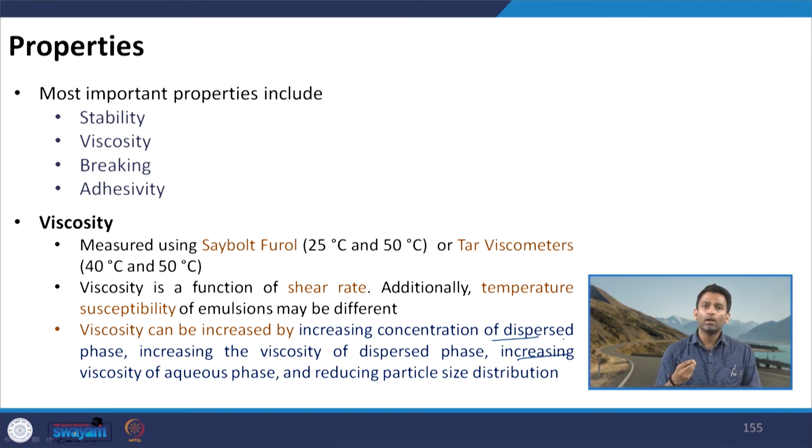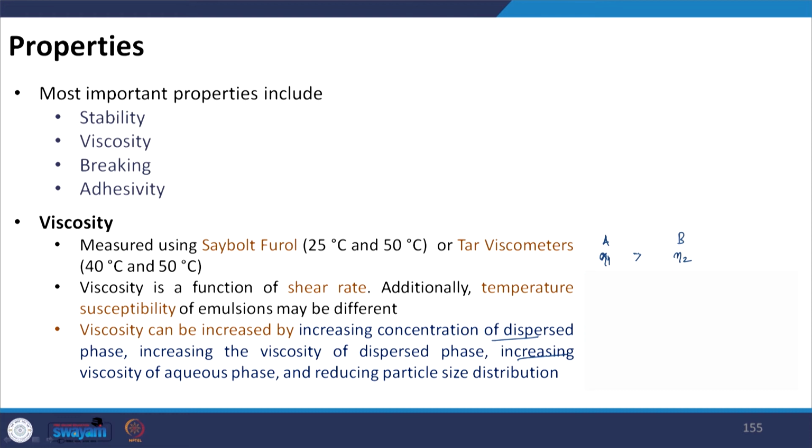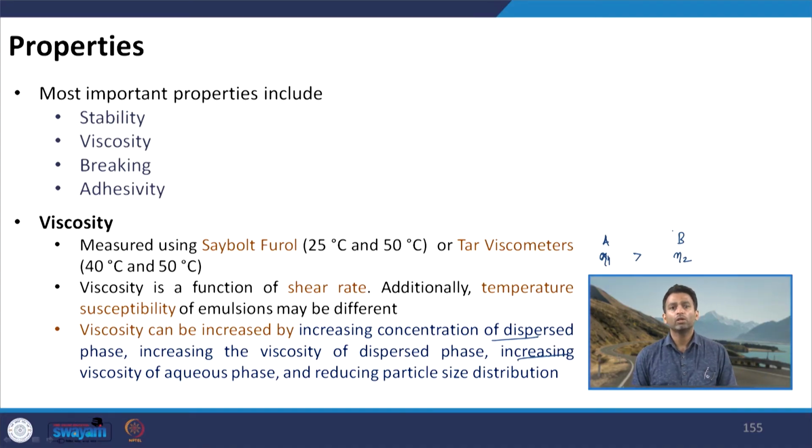Let us say there is an emulsion A and an emulsion B, where the viscosity of bitumen in emulsion A is eta 1, and the viscosity of the bitumen in emulsion B is eta 2, and eta 1 is greater than eta 2. Still, depending on the viscosity of the aqueous phase, the viscosity of emulsion B can be higher than that of emulsion A. We can also increase the viscosity by reducing the particle size distribution. So, these are the ways by which we can improve the viscosity of the emulsion.